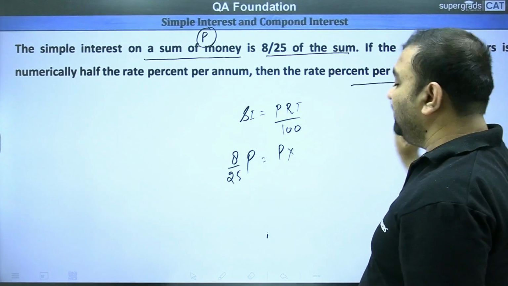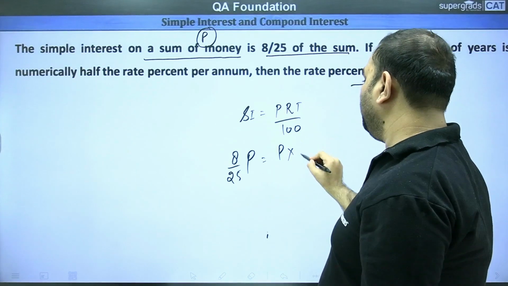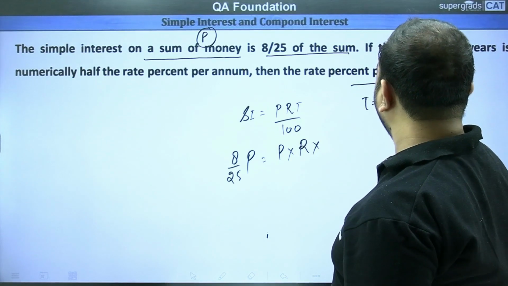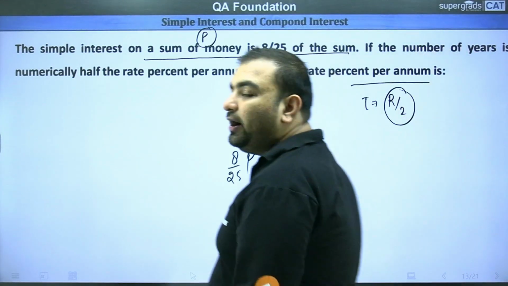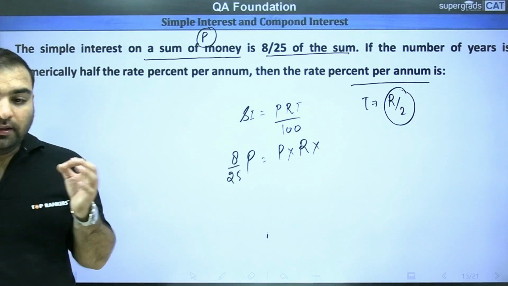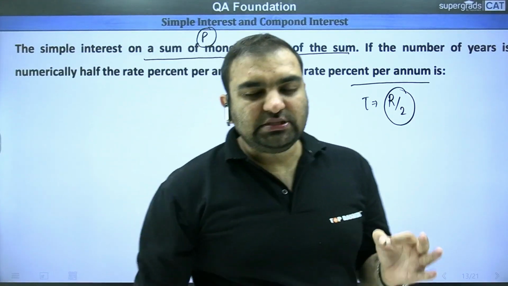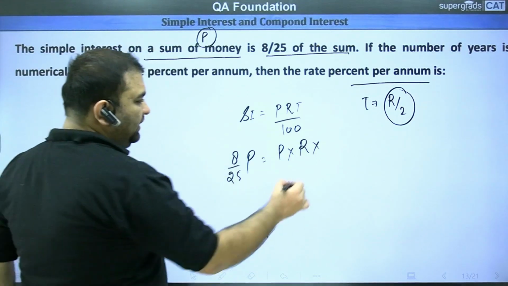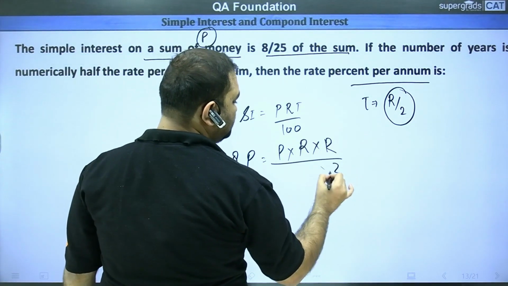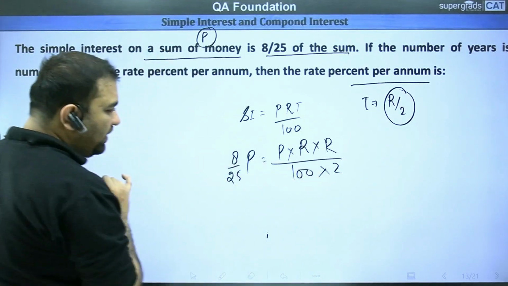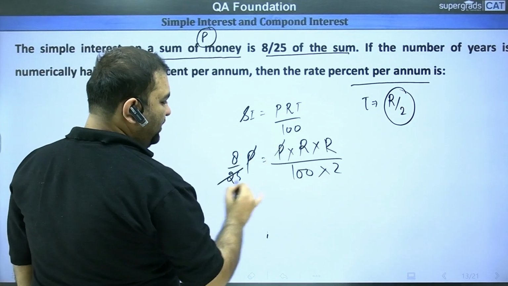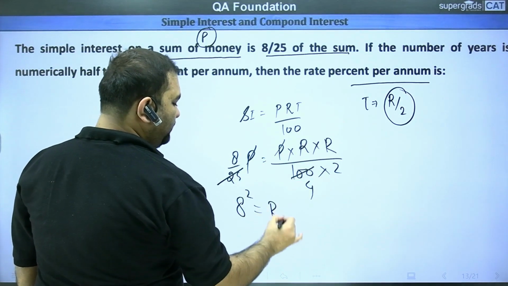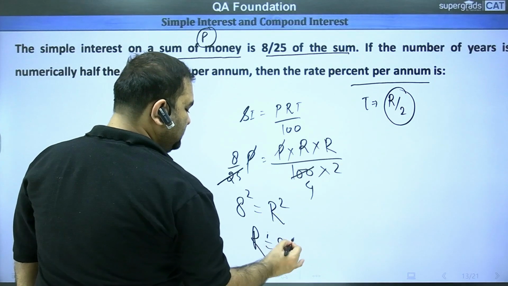What is the rate? Rate पूछा गया है तो rate तो इक्वेशन में रखेंगे. नंबर ऑफ ईयर्स की जगह न्यूमेरिकली हाफ द रेट बोला है, तो क्या टी को आर बाय टू से रिप्लेस कर सकते हैं? सिंस नंबर ऑफ ईयर्स इज न्यूमेरिकली हाफ द रेट, तो टी की जगह आर बाय टू लिख दिया. ओवर एंड आउट 25 4 जा 8 into 8, 8 square is r square, so rate is 8%.